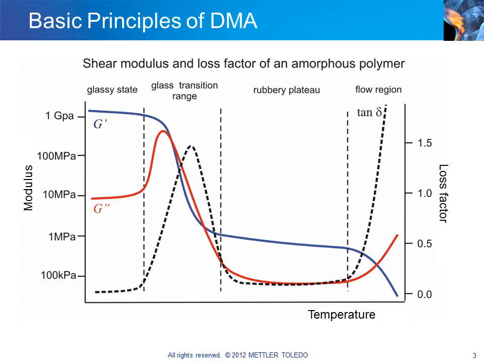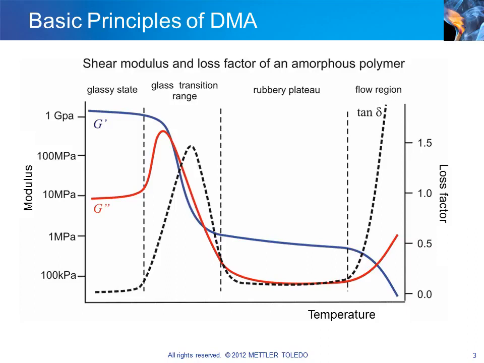The three quantities are displayed as a function of temperature. They describe the elastic behavior of the material in this temperature range. The elastic modulus is measured in units of Pascal, megapascal, or gigapascal. 1 Pascal is equal to a force of 1 Newton per square meter.